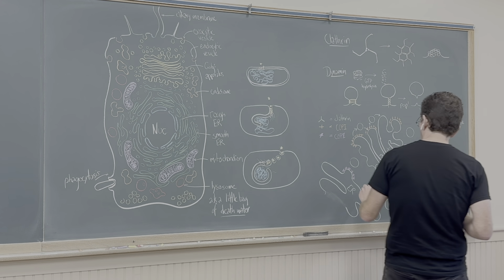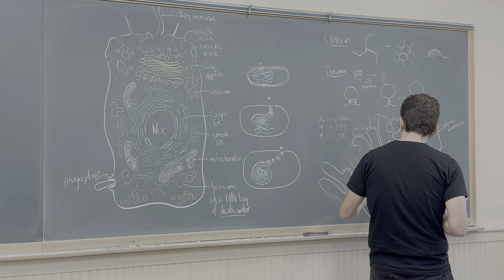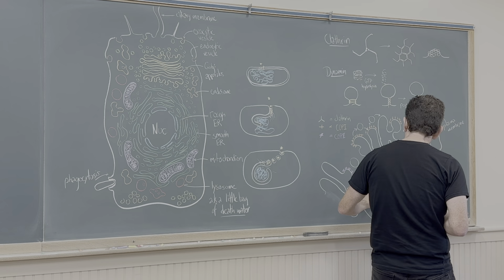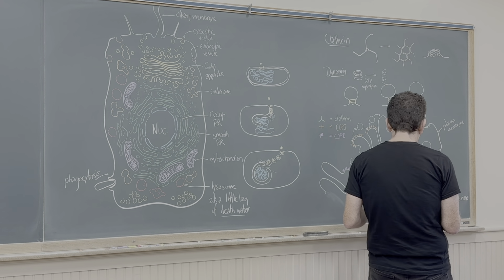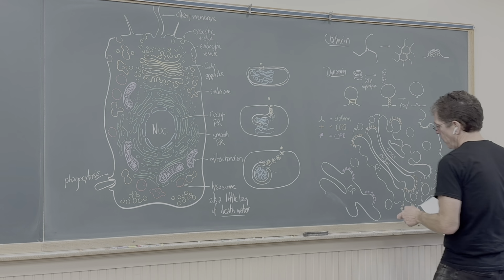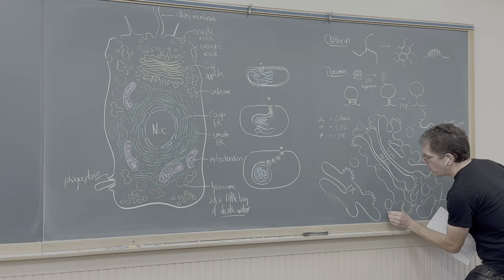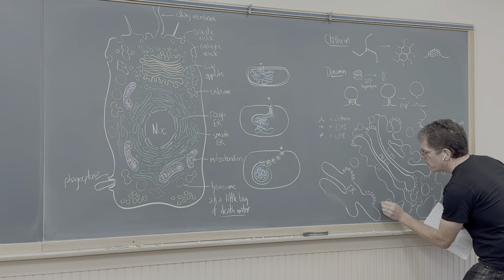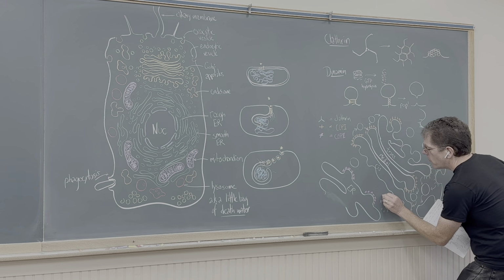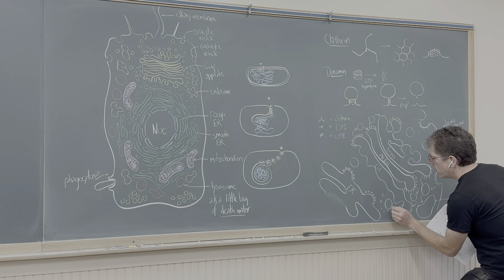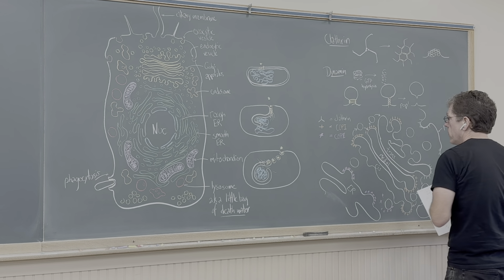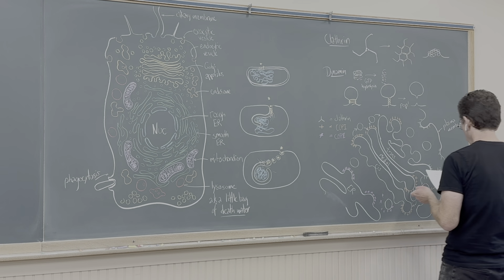Now, while I'm drawing, why am I not drawing any coats on the vesicles themselves? Because as soon as vesicles pop off, those coats disassemble. Those coats are about getting the vesicle pinched off, not about targeting it.